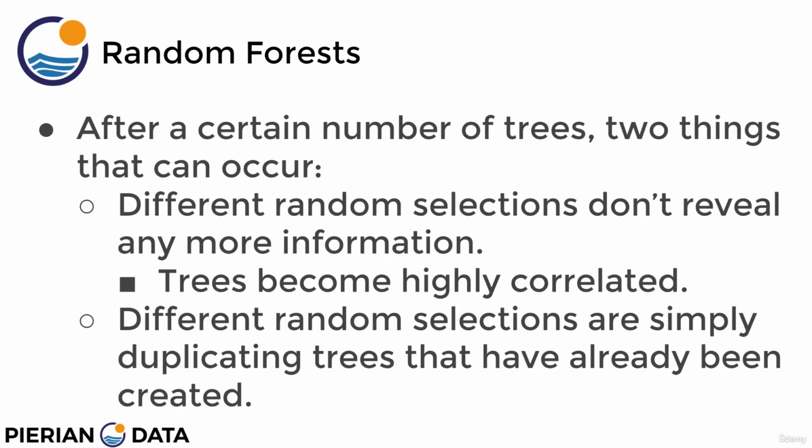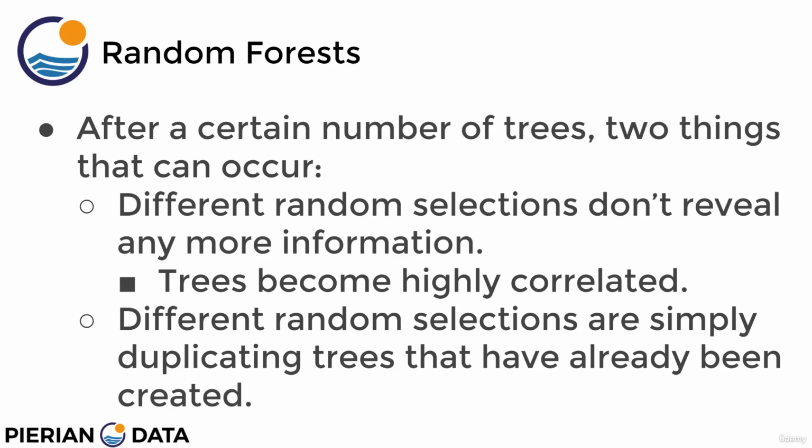We could expand this idea to some extreme amount of decision trees to realize that different random selections are simply duplicating trees that have already been created. Now, we would have to go to a quite large value of the number of estimators in order to begin to duplicate decision trees, but hopefully you can see that is definitely possible given the fact that there's only so many different types of random subselections you can choose from your original set of features.